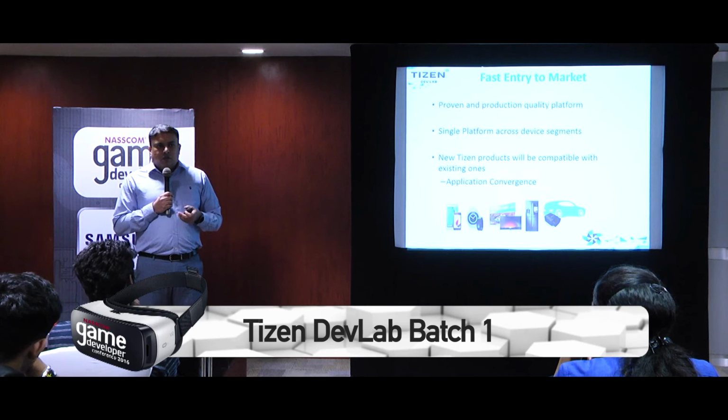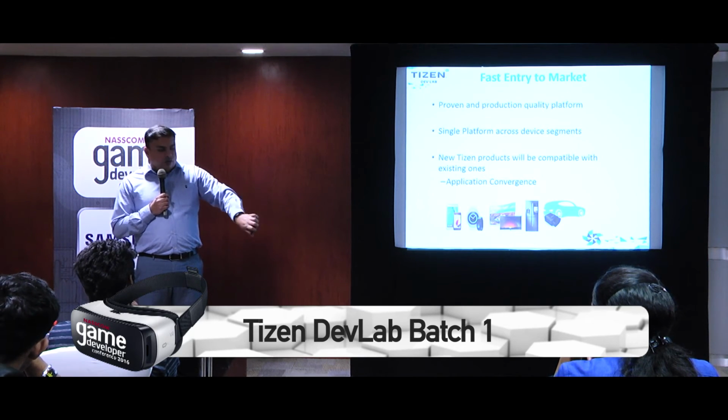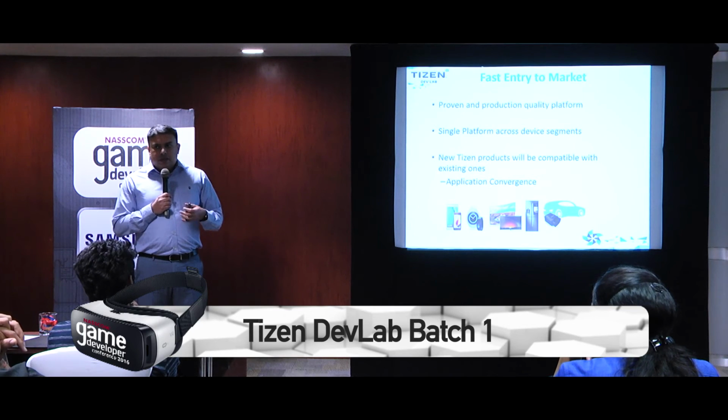Then this was the first product on which the Tizen platform was launched. Now the beauty of this platform is when we were told to develop this product, we started from scratch. We work in software. The hardware team is different. The hardware team gave us the hardware and the spec, but we had to come up with the circular UI. Most of the earlier products were squarish or rectangular.